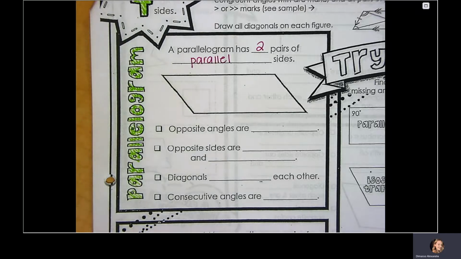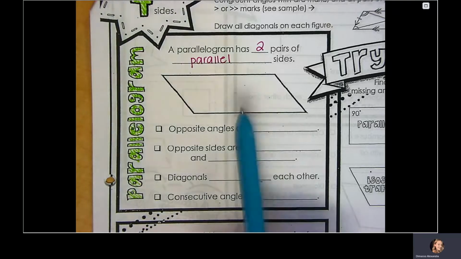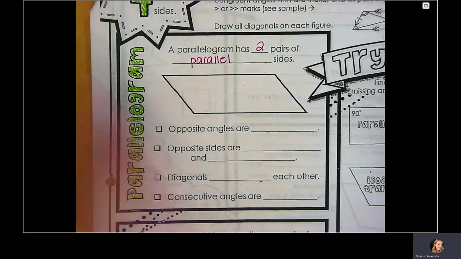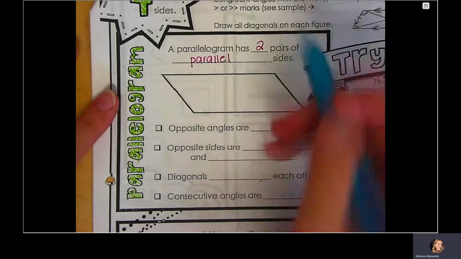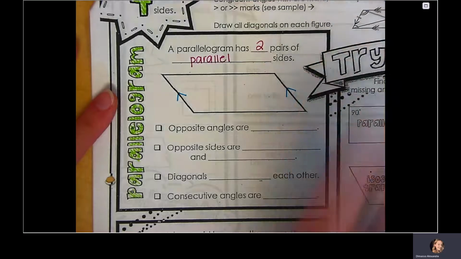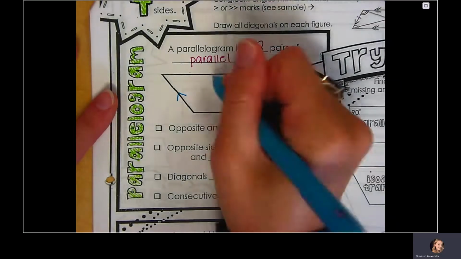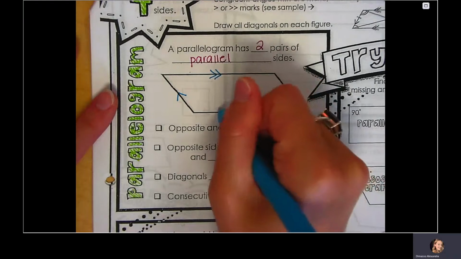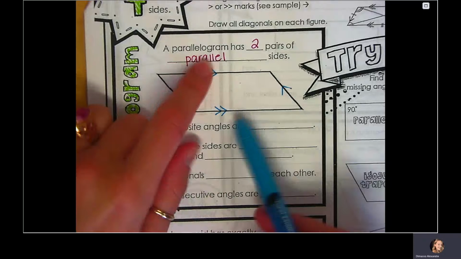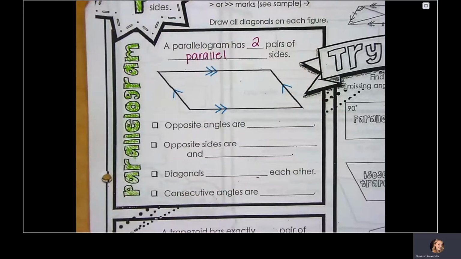Yes, two lines is if you're saying this is parallel to this, but what is it on a picture? It's an arrow. So to show that 2 sides are parallel, I just draw arrows. One arrow for one pair of sides, and then 2 arrows for the other. It doesn't matter which way your arrows are going. You just need to be able to say, here's 1 pair of parallel sides, here's a 2nd pair of parallel sides.